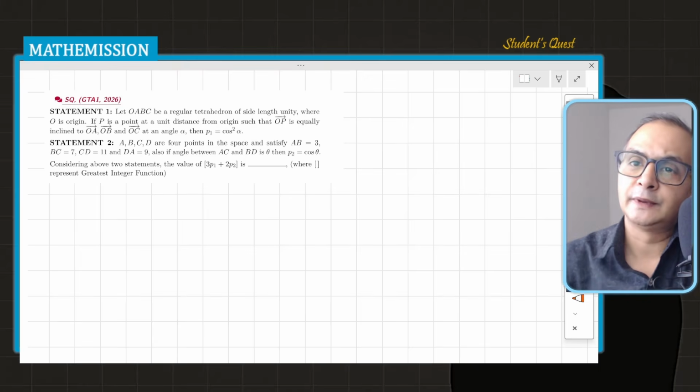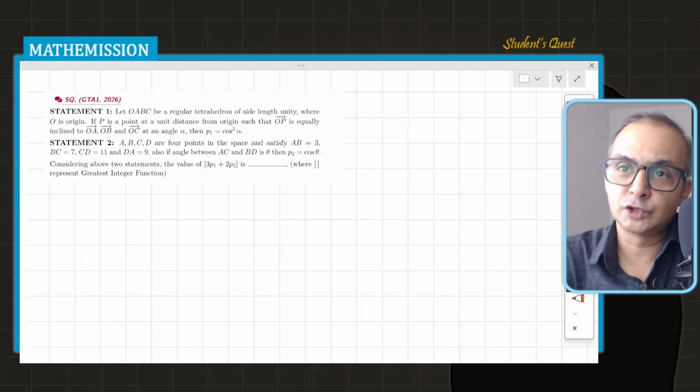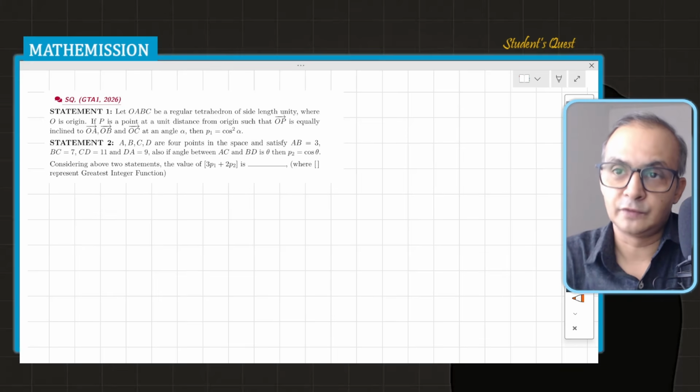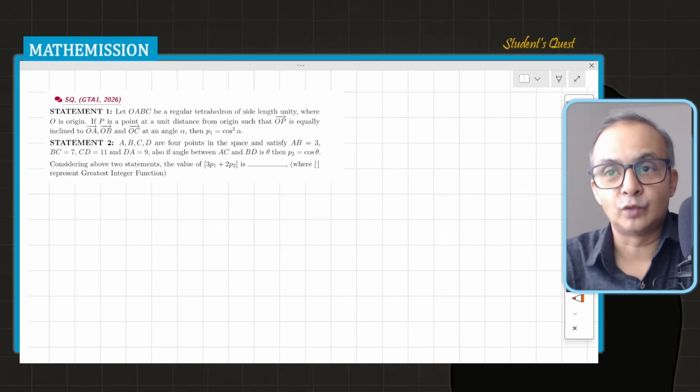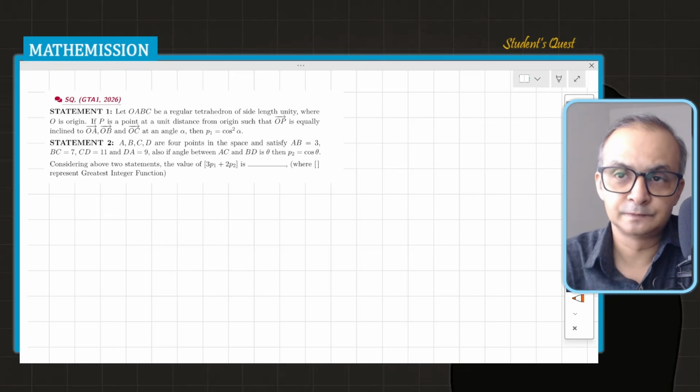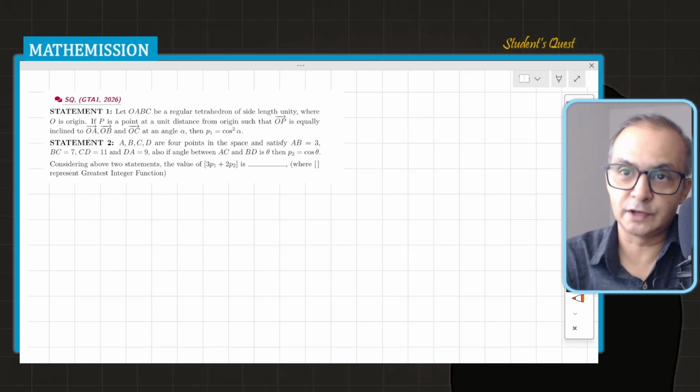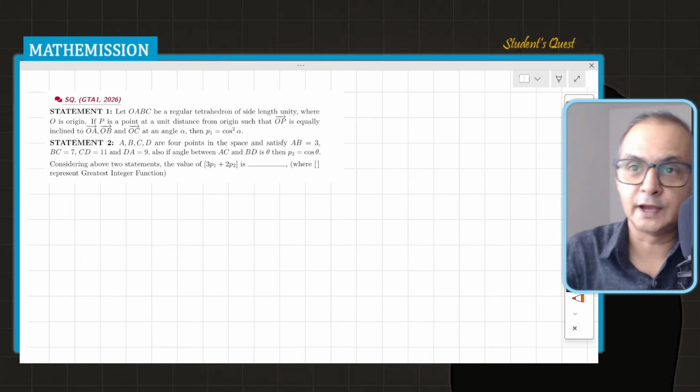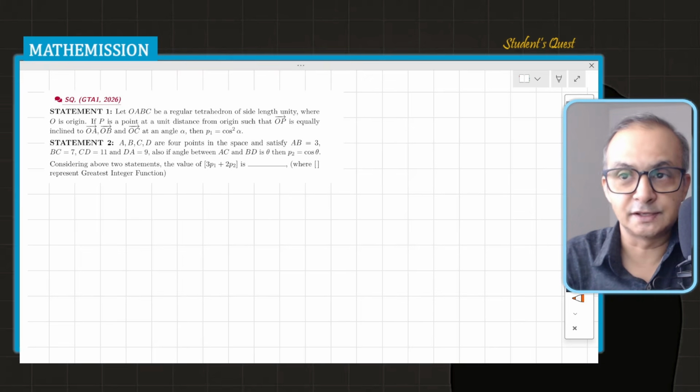So basically here P1 is not any length. When you find the cos square alpha for any given angle alpha, whatever result comes is P1. It means our aim is to find out alpha so that all the previous data will be consistent.